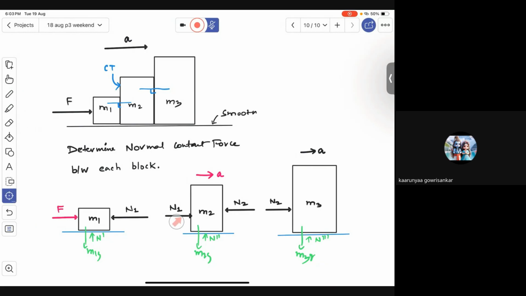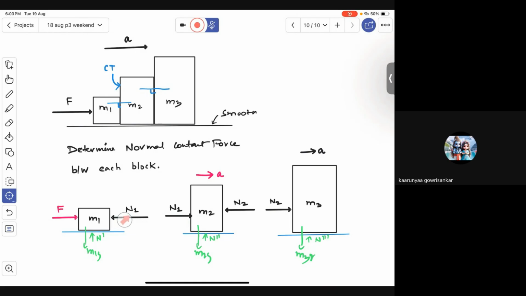What can it be? The one applied by M1, that is N1. So N1 on M2 is rightward. Its reaction on M1 will be leftward.